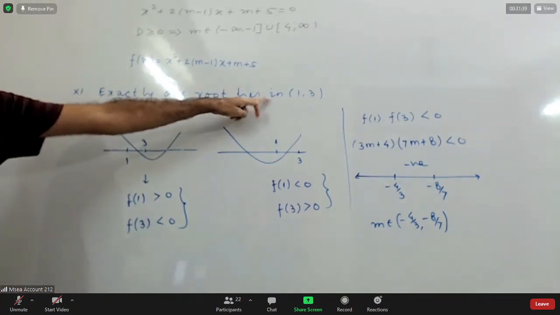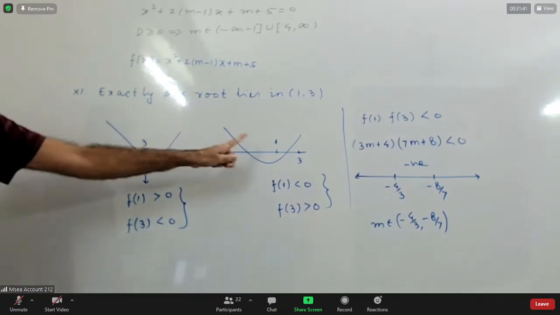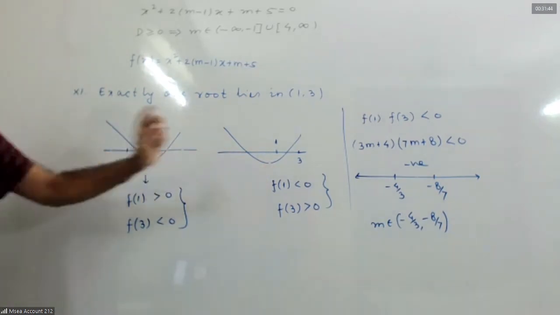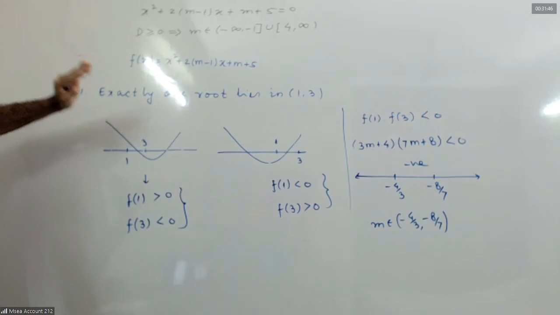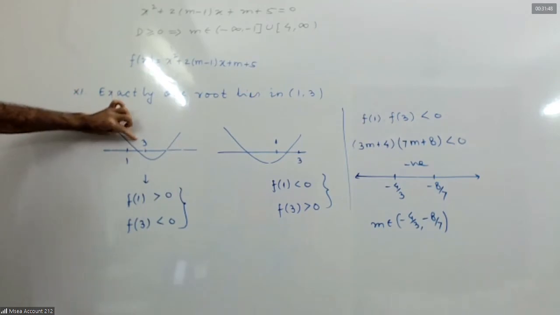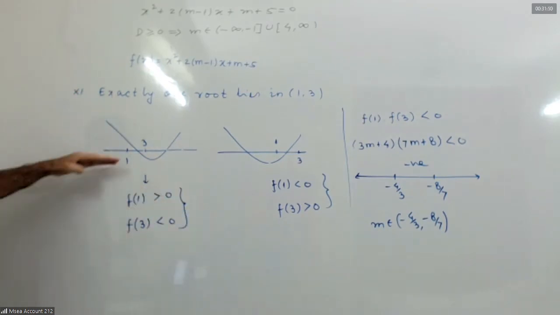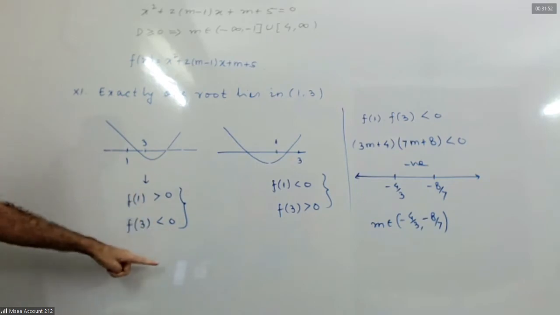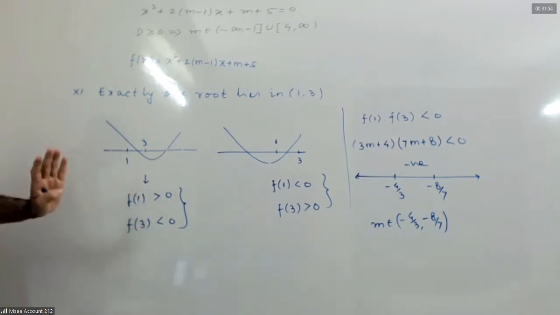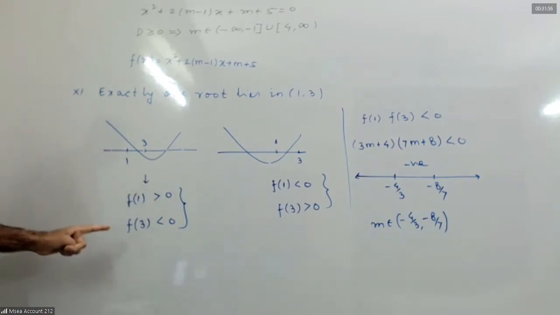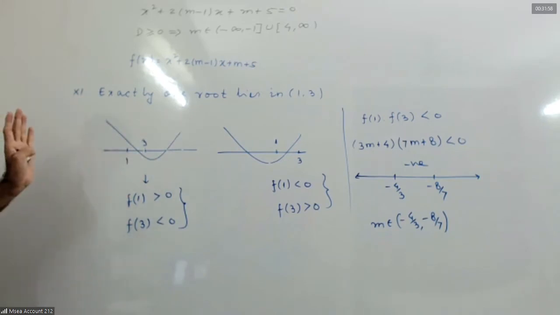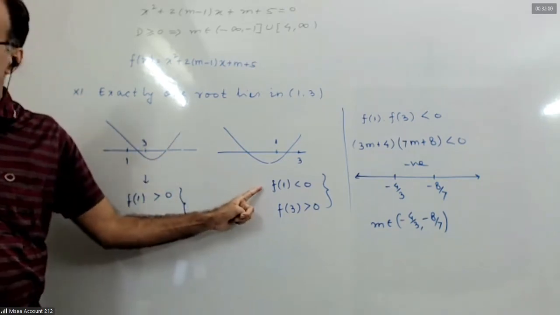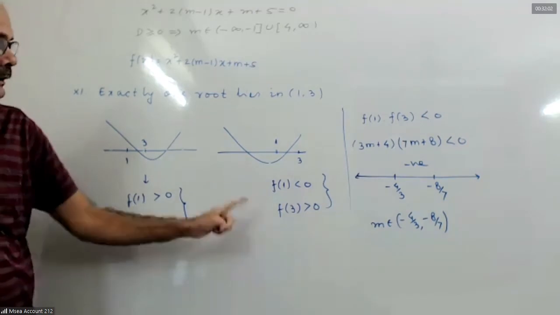there are two possible graphs of this. One is this, the other is this. Exactly for this specific case, this will be the solution. All values of m satisfying these two conditions simultaneously will give us this graph. All values of m satisfying these two conditions will give us this graph.